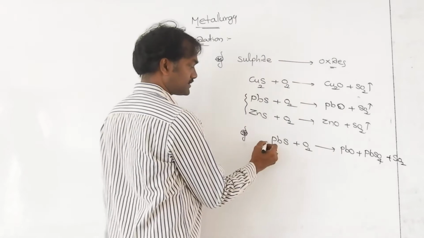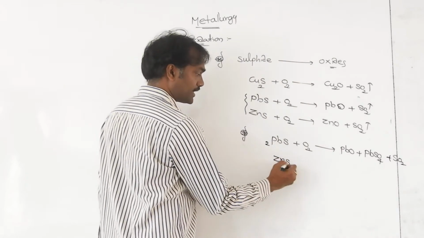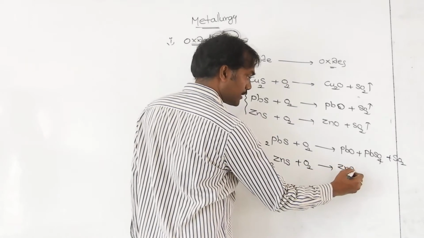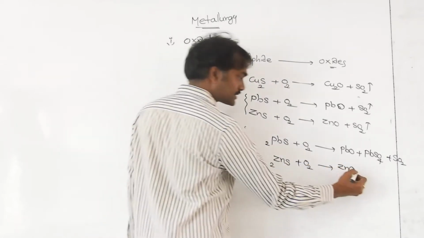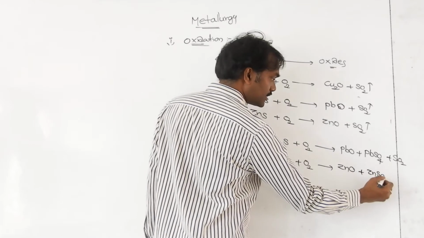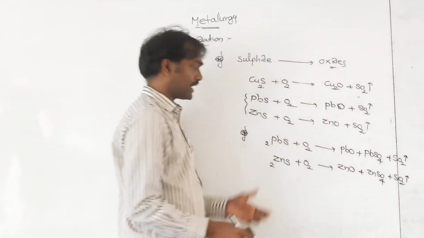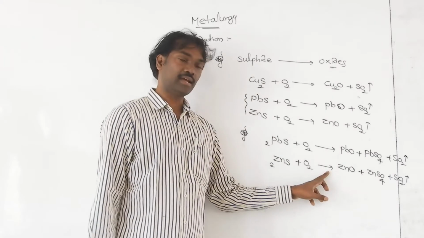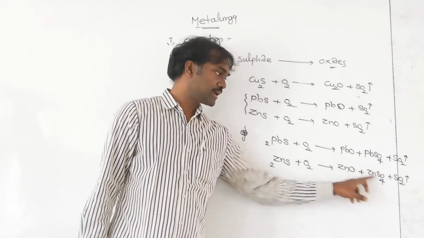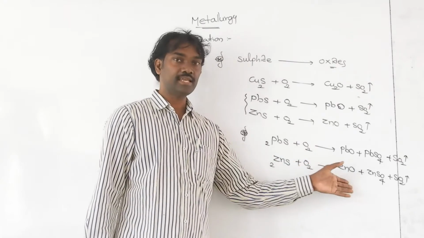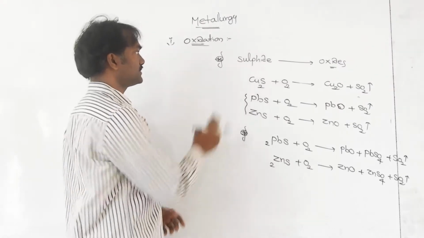Next, zinc sulfide is treated with oxygen. Some amount is converted into zinc oxide, and some amount into zinc sulfate. For this type of reaction, the temperature is important: at which temperature each is forming. Based on that logic, you can easily separate them.